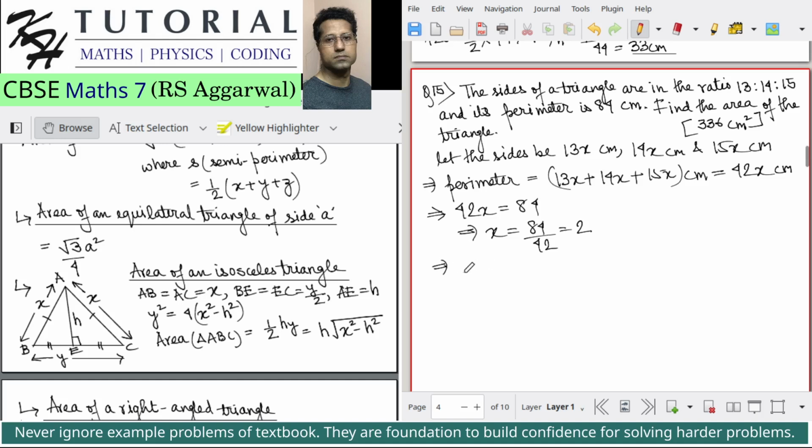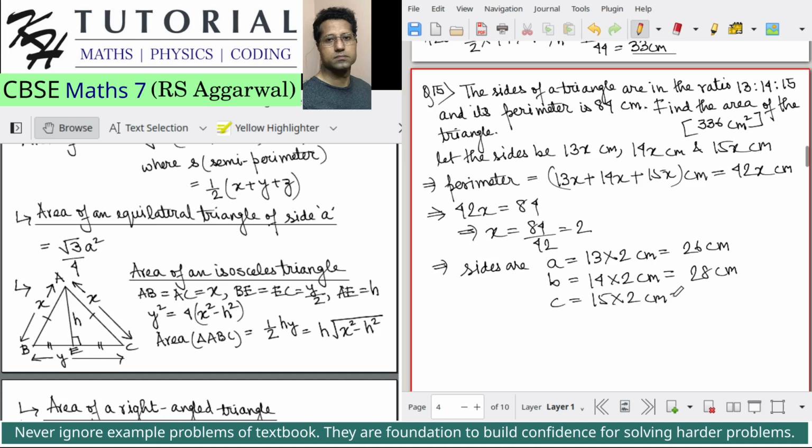So the sides are, let's say A is equal to 13x, x is 2 centimeter, which is equal to 26 centimeter, and B is equal to 14x, so 14 into 2 centimeter, which is 28 centimeter, and C is equal to 15x, so 15 into 2 centimeter, which is equal to 30 centimeter.